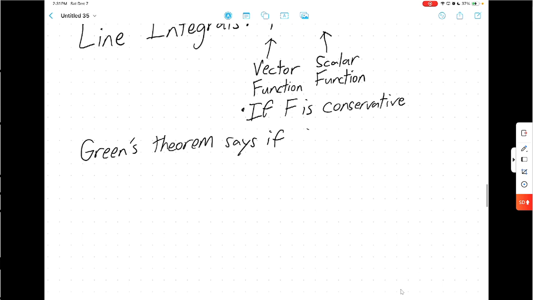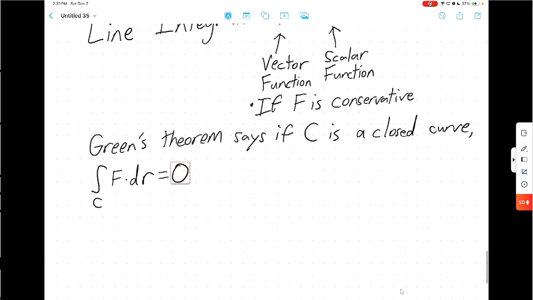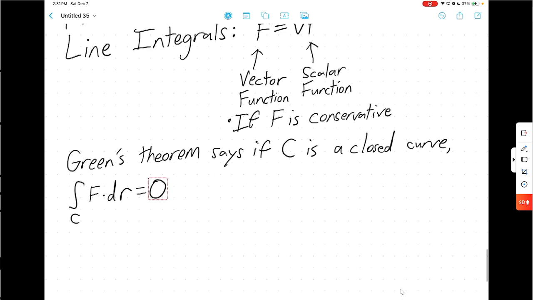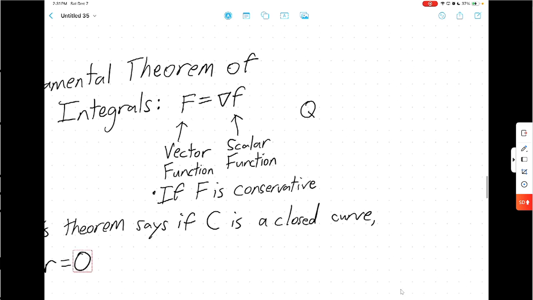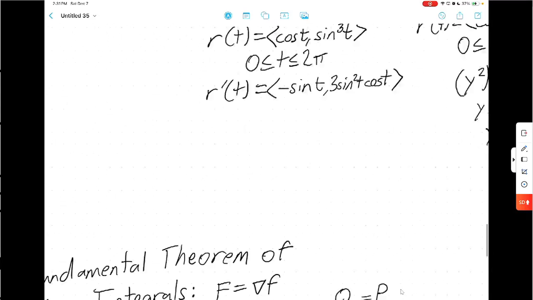It says if C is a closed curve, then the integral over C of F dr is equal to 0. That's basically what Green's theorem is saying here. Mostly because Q sub x has to be equal to P sub y, which makes this whole thing 0.